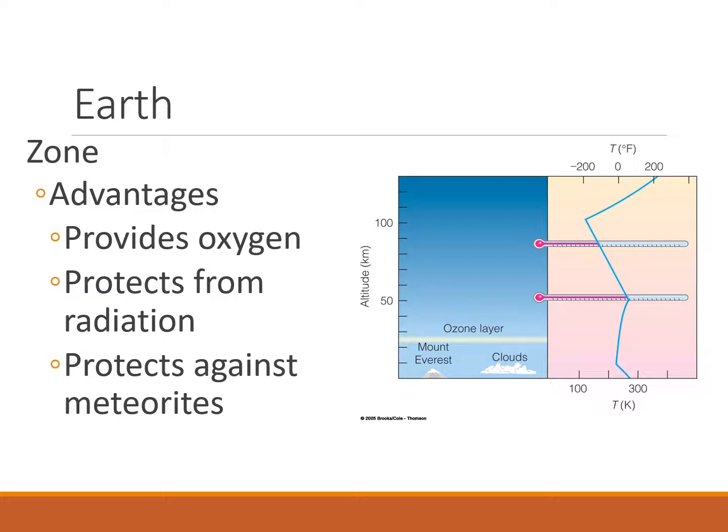Some layers actually store that radiation for us in order to warm up the atmosphere. The mesosphere and higher is actually the place where we have meteors burn up. So here, when it says protect against meteorites, basically it burns them up enough so that they become small chunks. And that's much less dangerous than being hit with this big, huge block of rock.